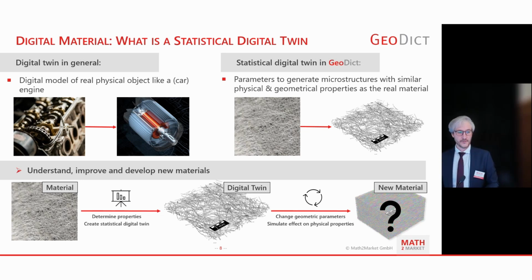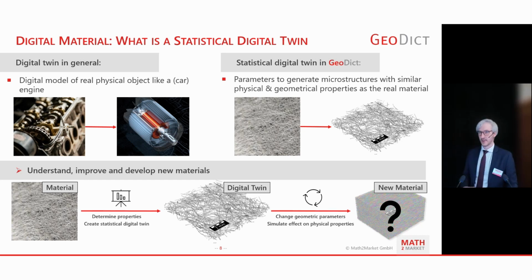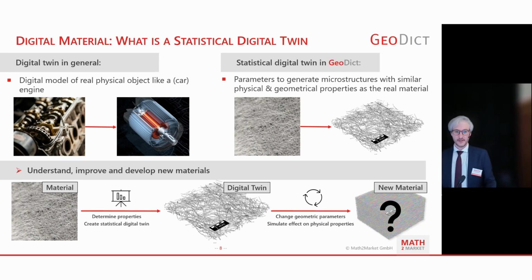And if we have determined these properties, then we can recreate the material as a digital twin. We can create thousands of them, and every new model that we create will again have the same statistical properties. This is the base for the design of a new material.